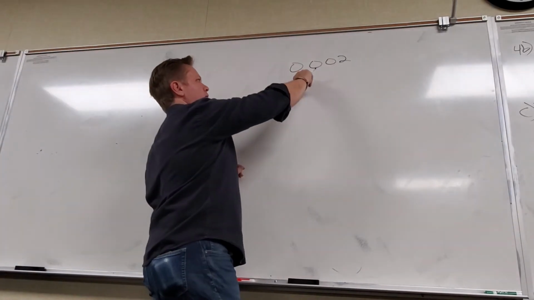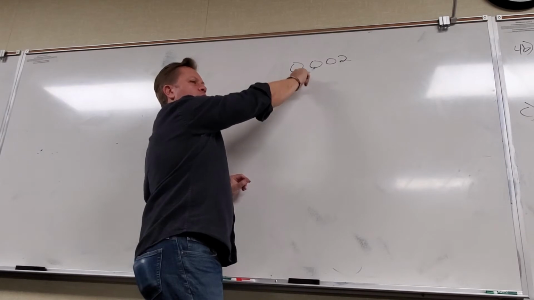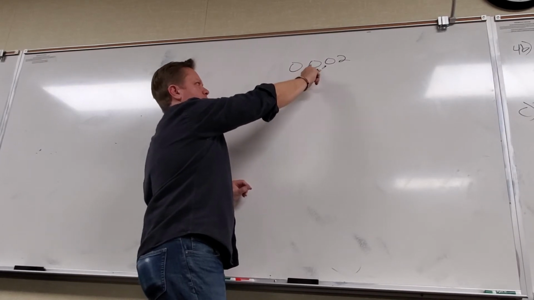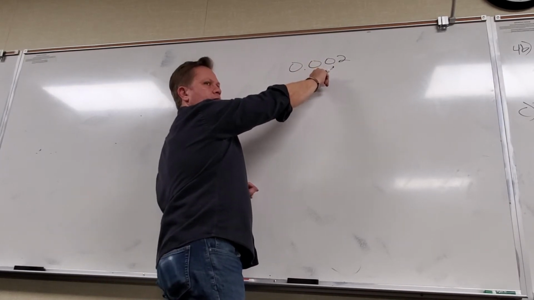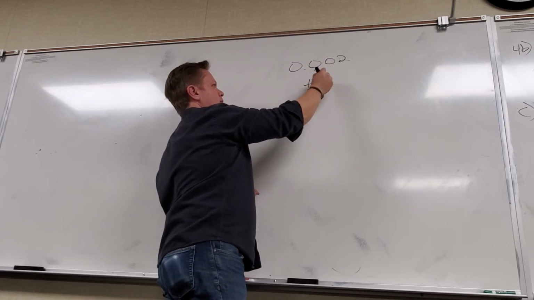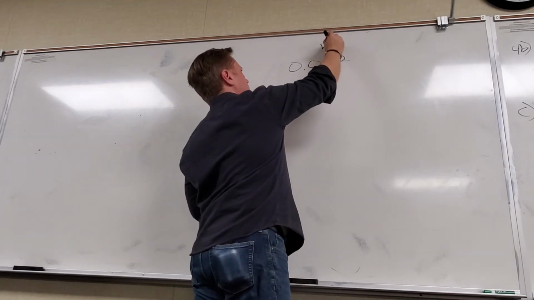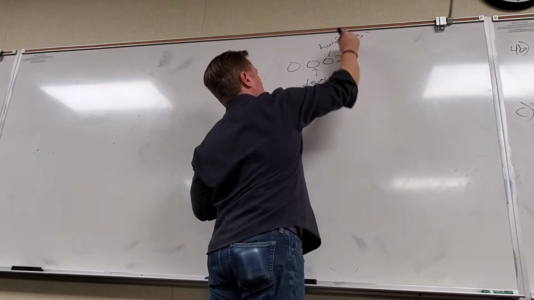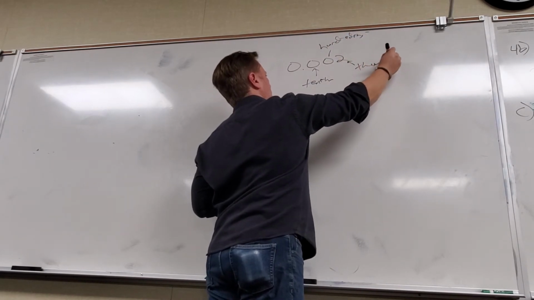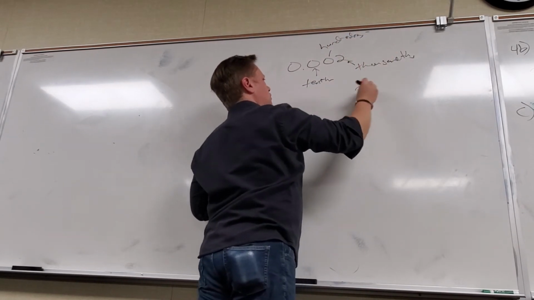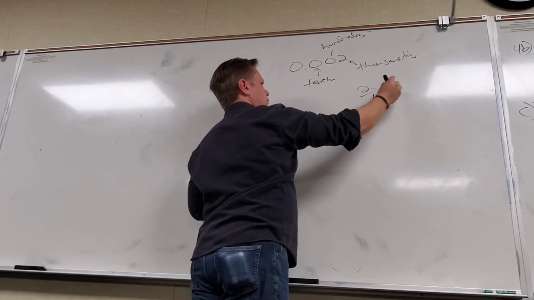What place is this? Divide by 10. This is the tenths. So this is tenths, hundredths, thousandths. So how do I write this as a fraction? 2 over 1,000, 2,000ths.